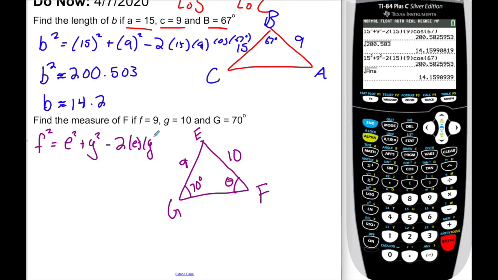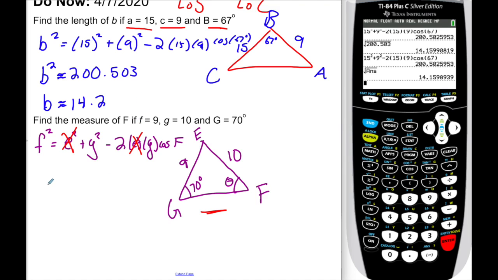E, G, cos F. So here's how I'd set it up. But here's the problem. You don't know little g. Right? That wasn't given to us. Actually, no, you do know little g. I'm sorry. Let's back that out. You don't know little e. Right? That's not given to us. We don't know that. So the law of cosines does not work.